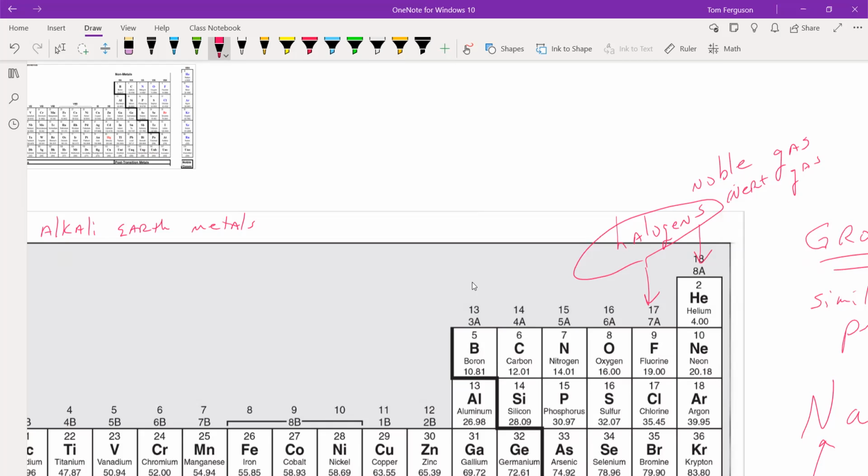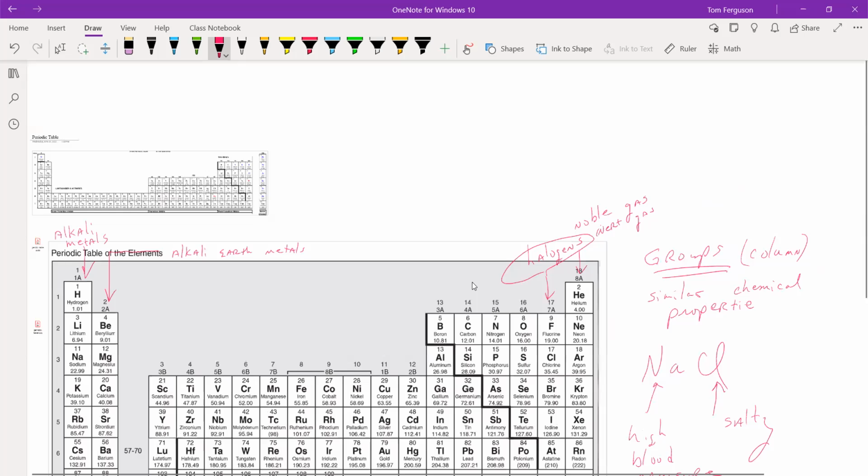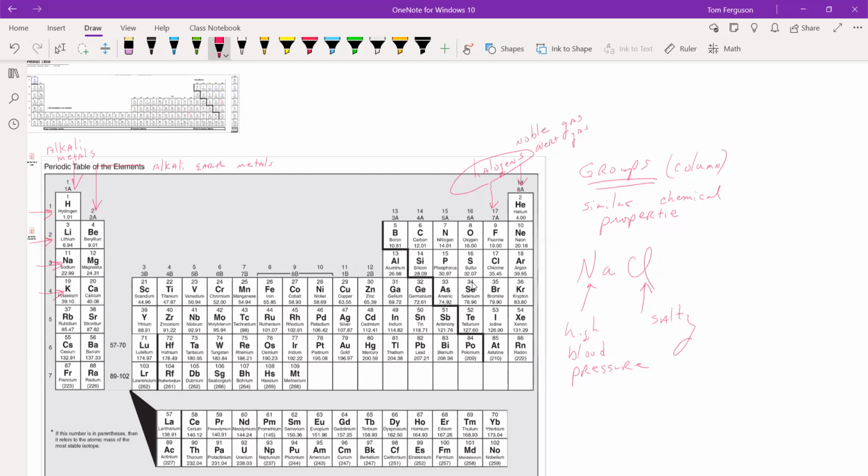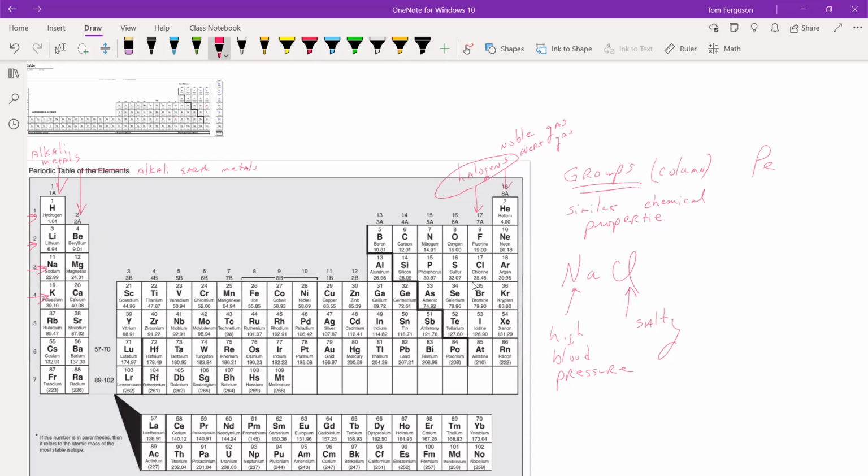Okay, all right, so let's talk more about how this is all organized. Okay, when we go horizontally, those are called periods. Now, periods don't have anything chemically similar.